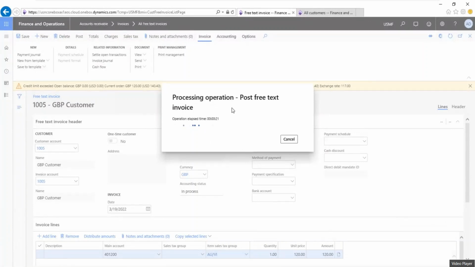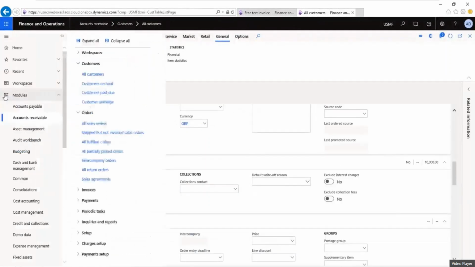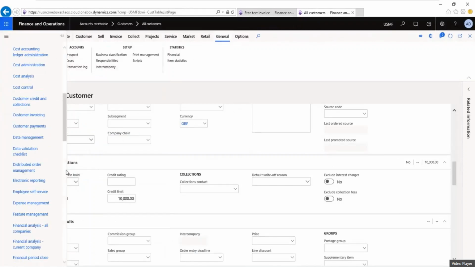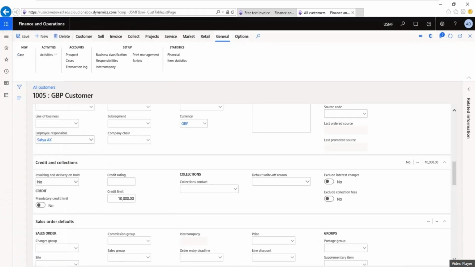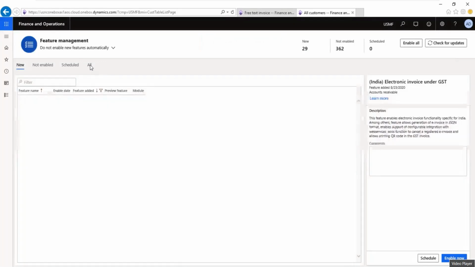And for these 4 days, if you are practicing, I want to give you one suggestion. For time being, go to workspaces, feature management, all.